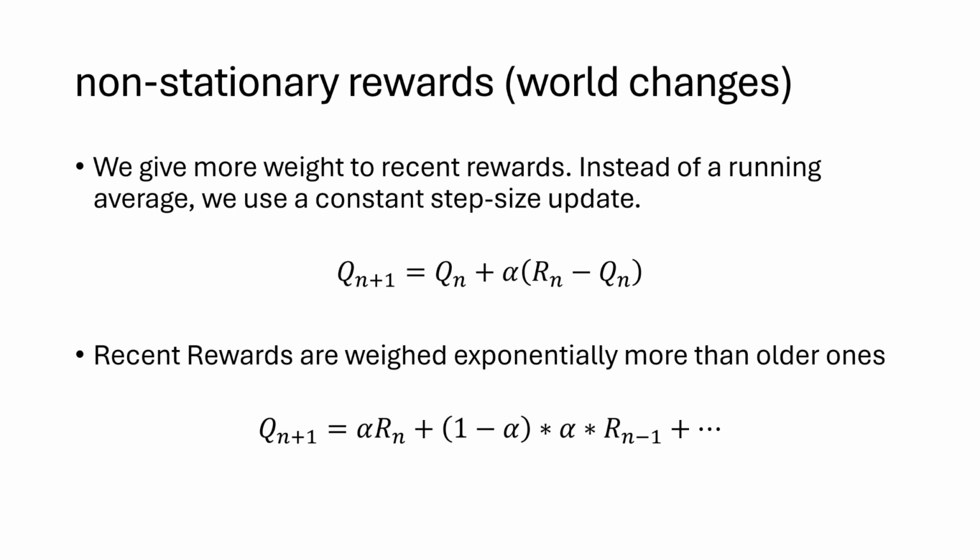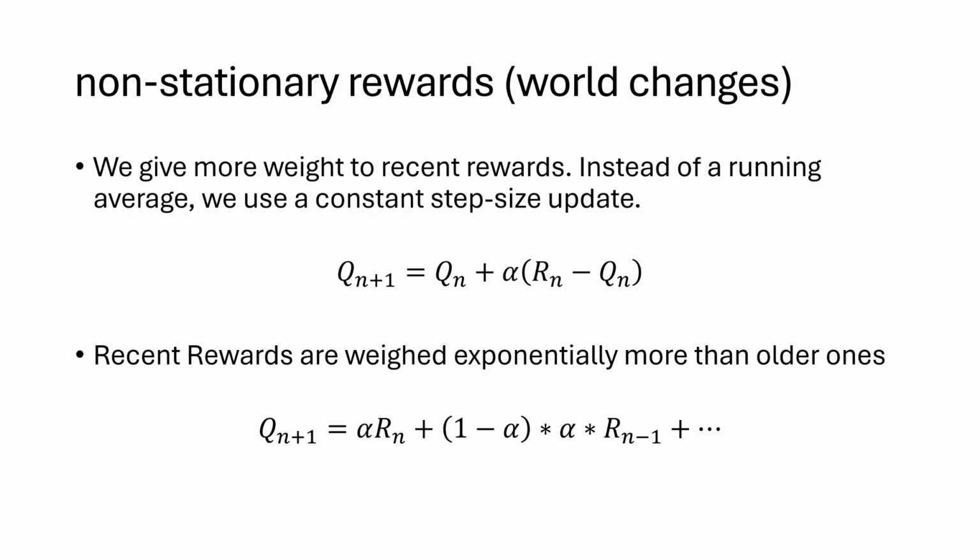For those dynamic environments, we have to give more weight to the rewards that are recent. For that, we use a constant step size parameter called alpha instead of 1 divided by n plus 1, which is decaying over time. The key here is that recent rewards count a lot more than the old ones.